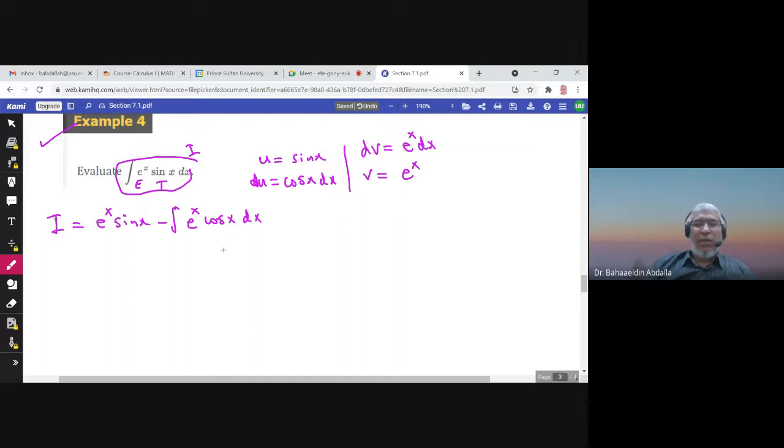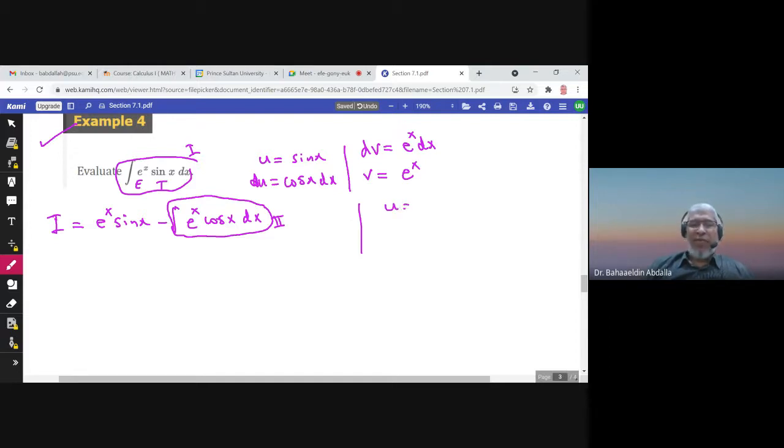And now notice that the original integral is similar to this integral. This one is not easier or more difficult; they are similarly difficult. So what happened? We will take this integral, let me call it double I, and evaluate it also by parts.